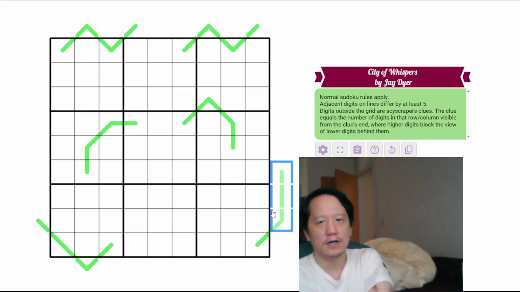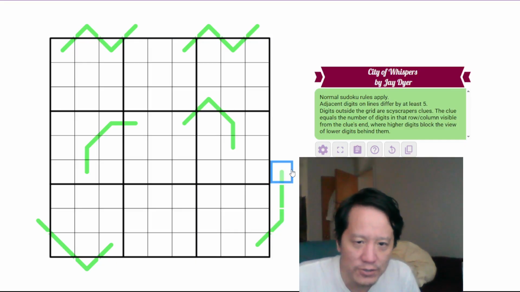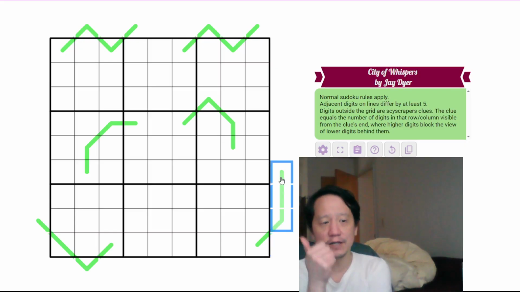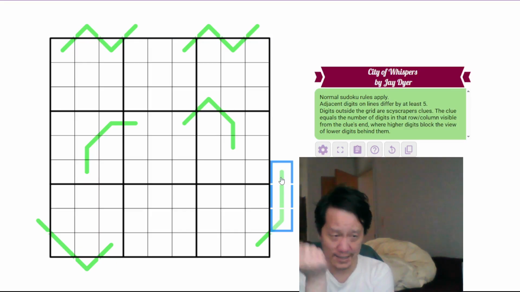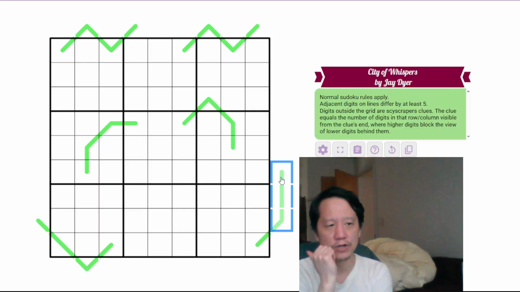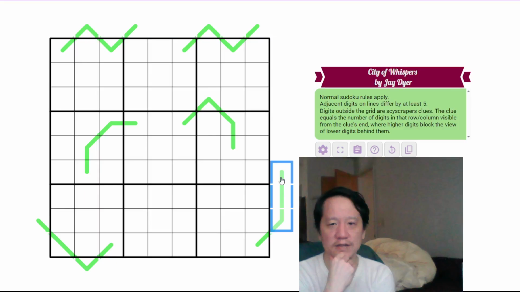So also, 5 can never be on a whisper 5 line, because if you subtract 5 or more from 5, you get 0 or less. If you add 5 or more to 5, you get 10 or more, neither of which are digits. But also, outside of the grid, you can't have a clue be greater than 9 or less than 1 either. So therefore, you're guaranteed to not have a 5 anywhere on these lines.